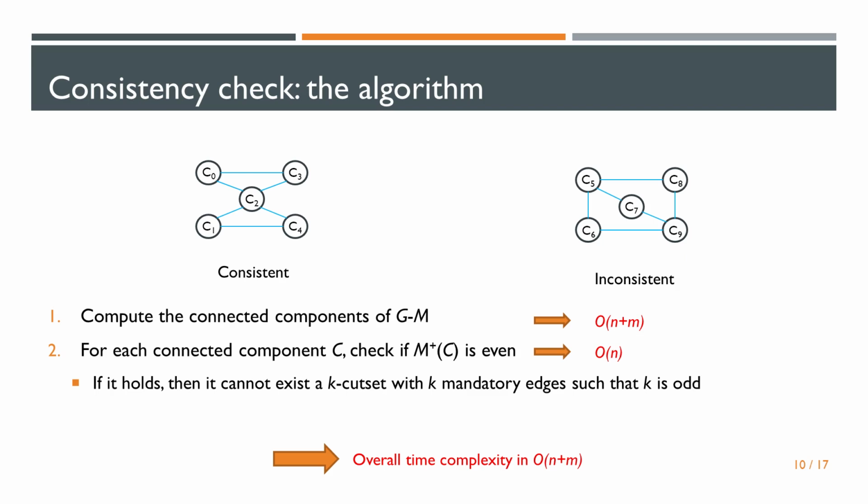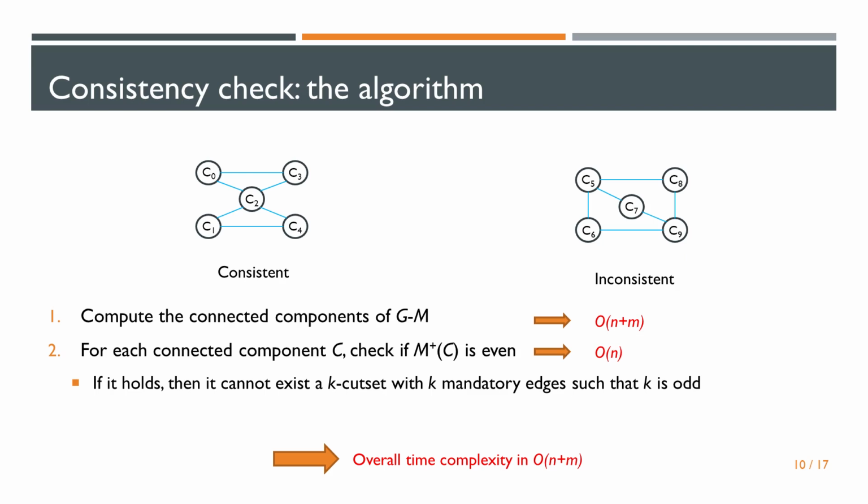By this operation, we can construct every cutset of the graph, so an exponential number of cutsets. But if each connected component has an even number of mandatory edges outgoing, then we cannot construct a k-cutset with k mandatory edges such that k is odd.